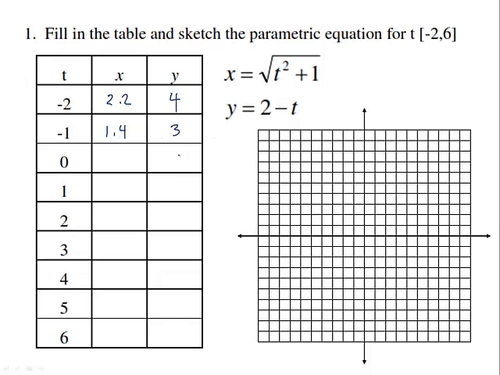And I notice that this is going to be 2, 1, 0, -1, -2, -3, -4. This is going to be the square root of 1. This is square root of 2. This is the square root of 5. And this is the square root of 10.